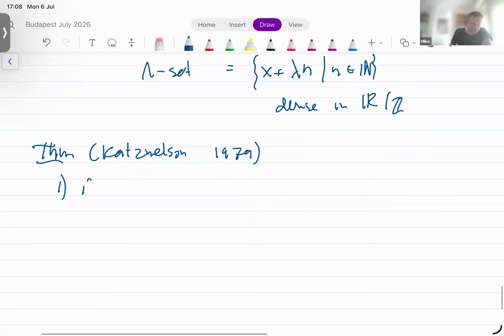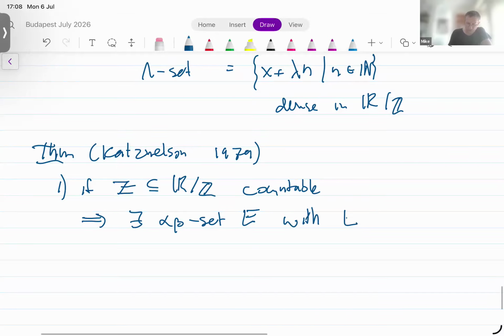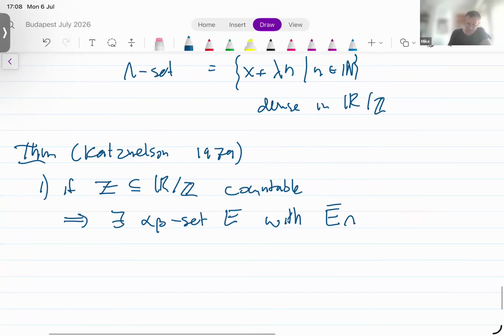First, he proved that if you take any subset, let's call it Z, of the torus, countable, then there exists an alpha beta set, E, whose closure is disjoint from Z. And so that tells you in particular that you can have nowhere dense alpha beta sets. And they can be nowhere dense in any way that you want. You can choose any countable set and avoid it, right?